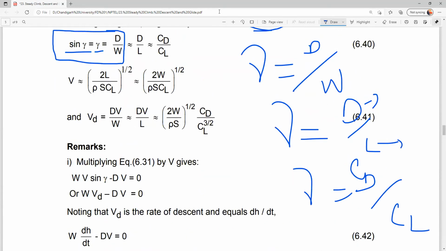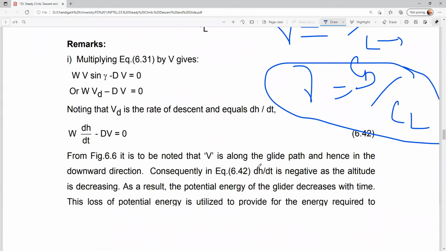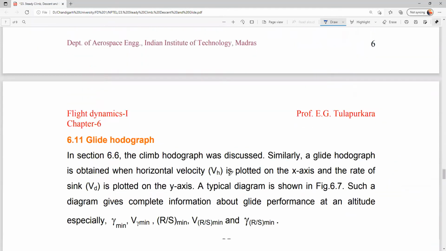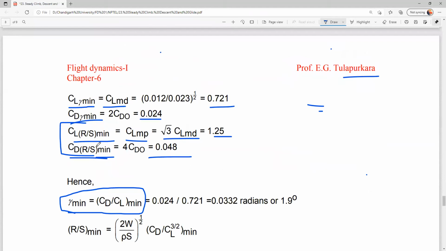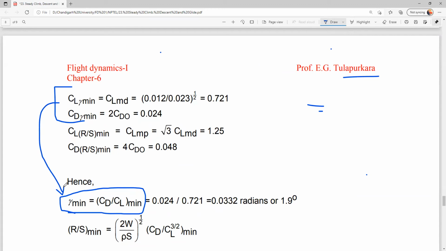So that's how this equation evolved. Gamma is equal to CD by CL. So when we want to calculate gamma, we have to calculate with the minimum drag condition. So we will get angle of glide minimum, which is 1.9 degree.